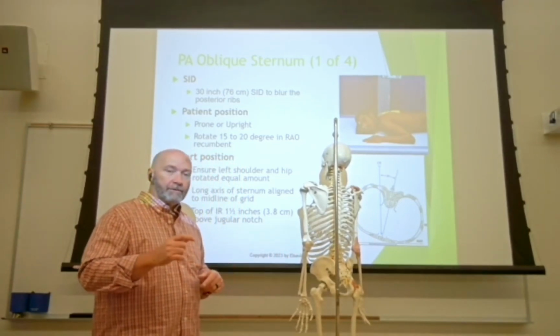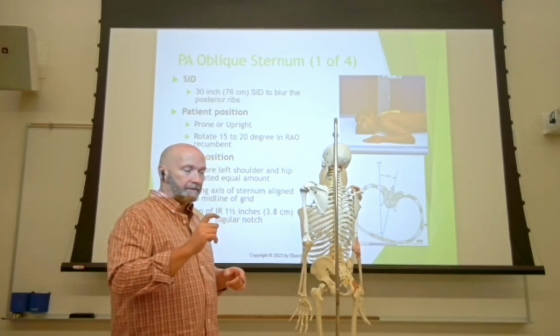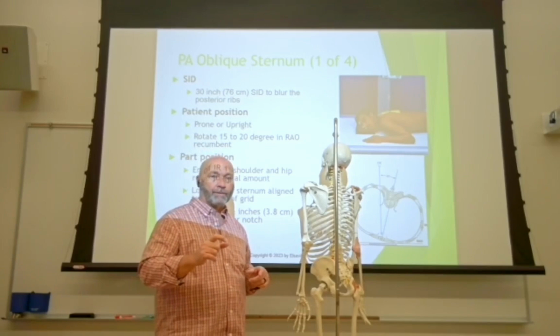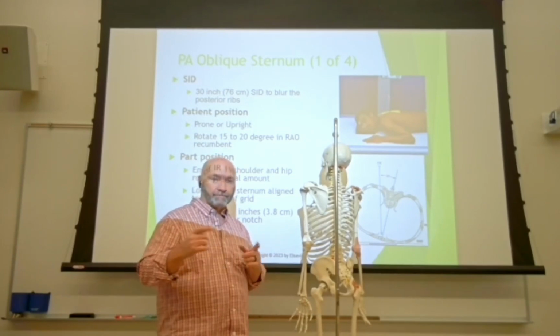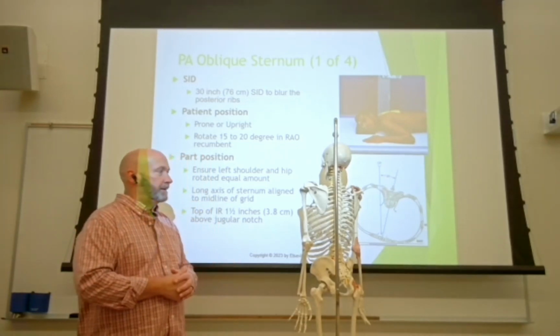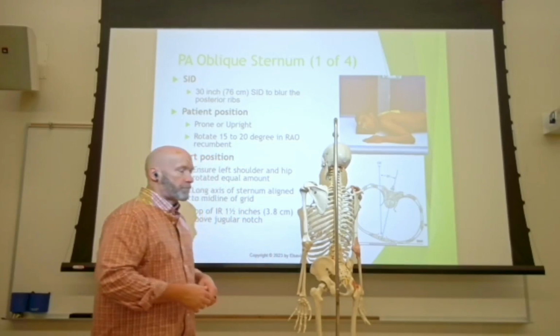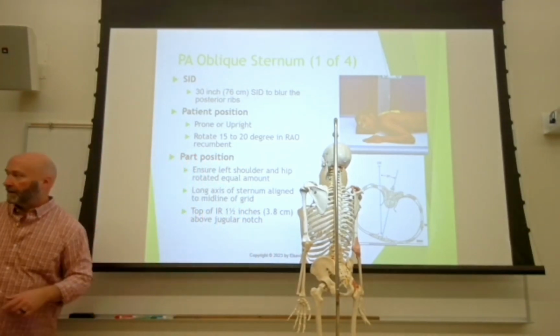You might want to go ahead and use your +1 or +2 densities, or the icon that's on your control panel for hypersthenic patients, or at least sthenic patients, larger patients, in order to make sure that you get adequate exposure. So these are very difficult to see on an image.